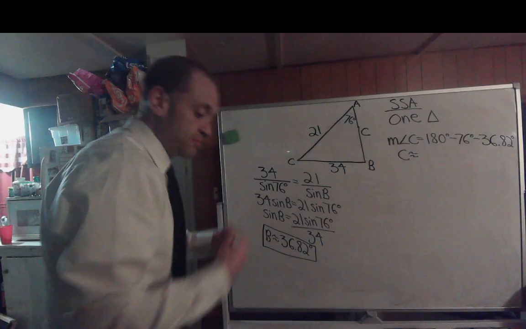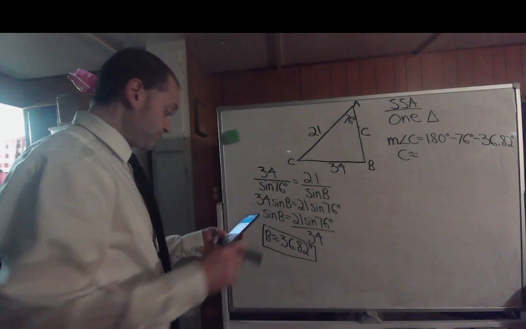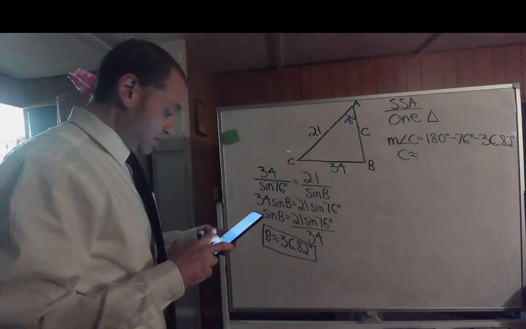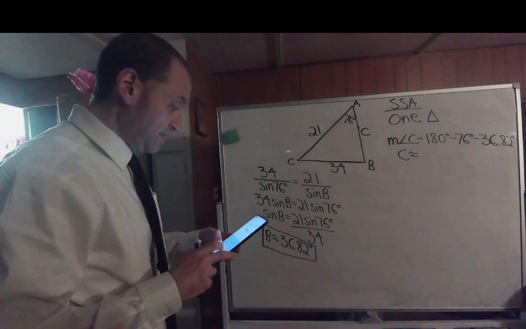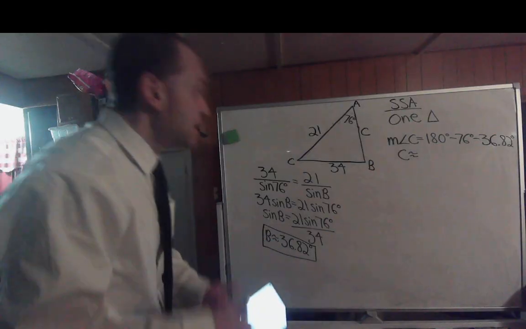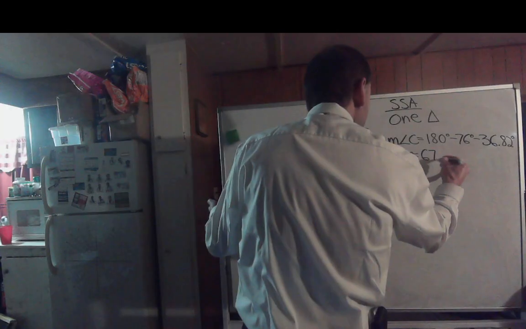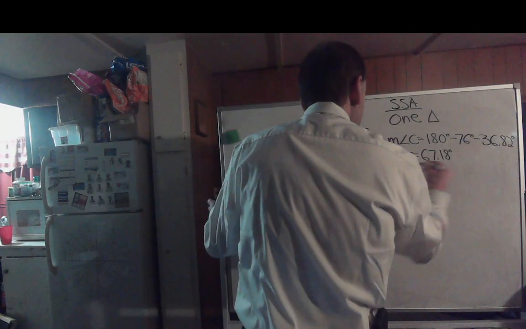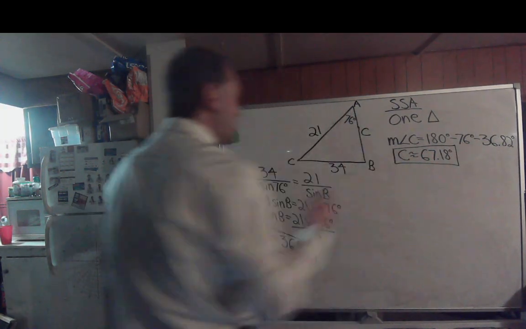So that means we should be able to get an approximation for that. So 180 minus 76 minus 36.82 gives you that angle C is approximately equal to 67.18 degrees. Alright, so now we've solved for all the angles.